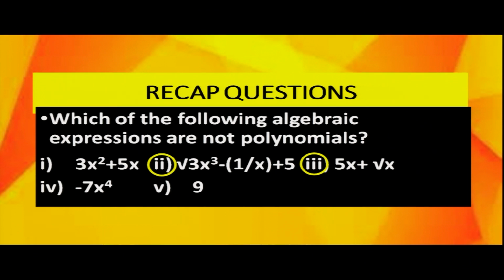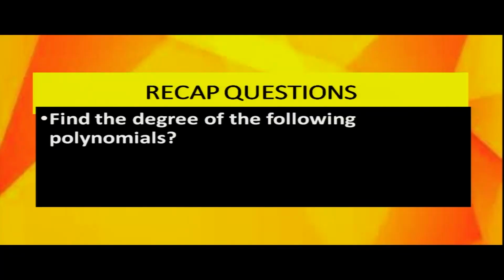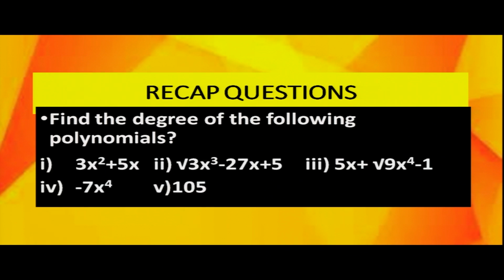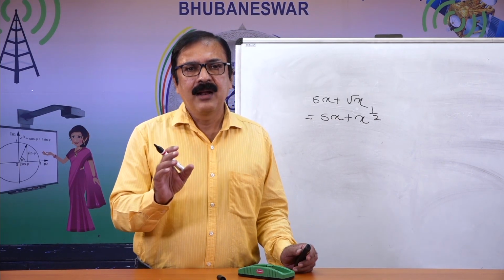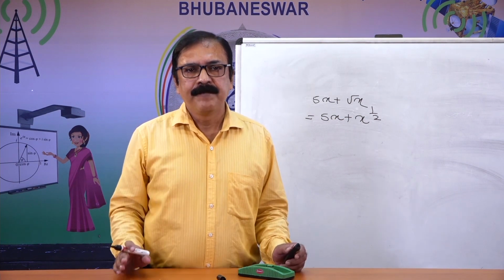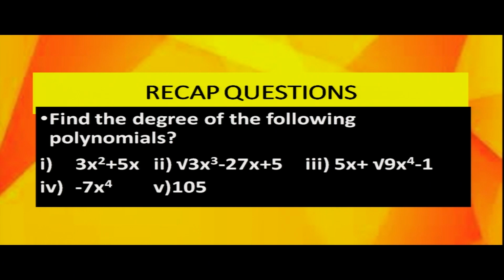Let us see another question. Find the degree of the following polynomials. The polynomials are 3x squared plus 5x. To find the degree of a polynomial, we have to find the highest power of the variable. Here in 3x squared the exponent of x is 2, and in 5x it is 1.